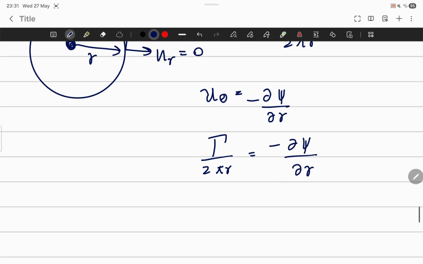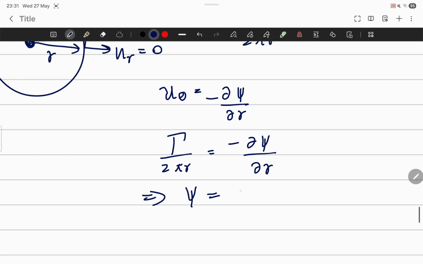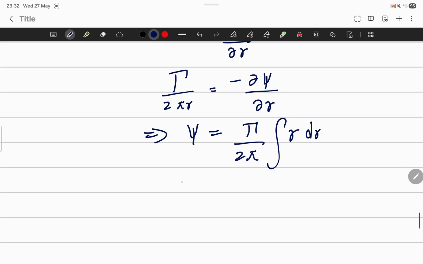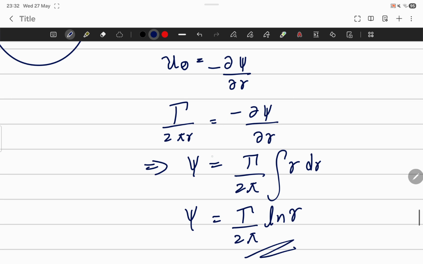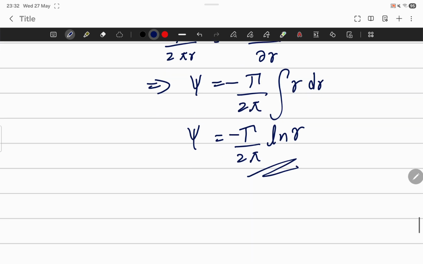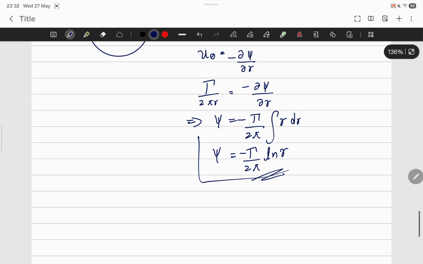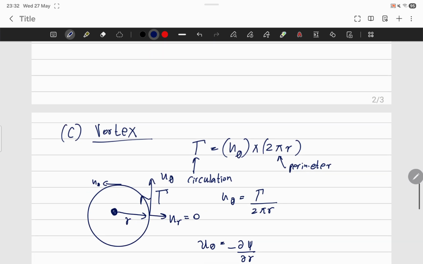So by integrating this, tau over 2 pi is a constant, so I need to integrate dr over r, right? So this is simply psi equals tau over 2 pi ln r, right? So there is a negative sign here, so there's a negative everywhere, right? So this is the stream function for a vortex, right?